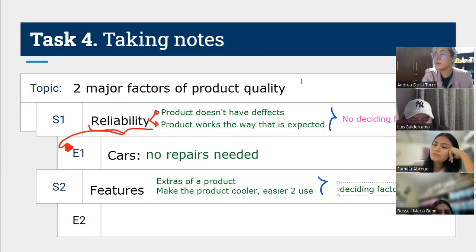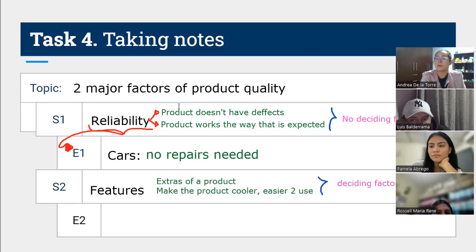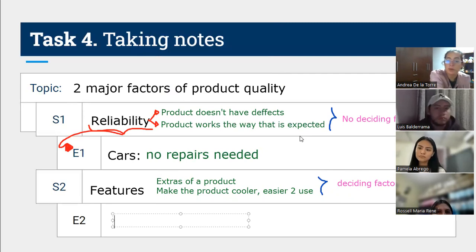Now, we also had another example for features. So what was the example? Can you guys tell me? It was also about cars, right? The professor gave some examples of the features that cars can have. Do you remember what those features were?